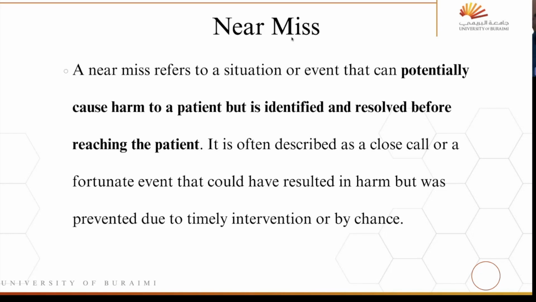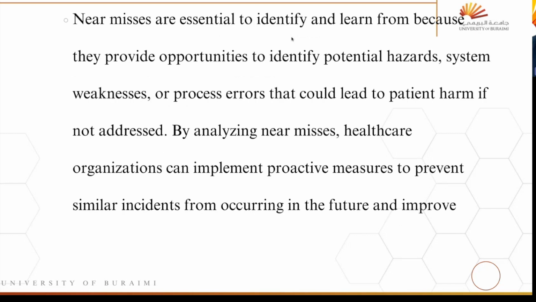A near miss refers to a situation or event that can potentially cause harm to a patient but is identified and resolved before reaching the patient. It is often described as a close call or fortunate event that could have resulted in harm but was prevented due to timely intervention or by chance. The nurse, the doctor, or another healthcare provider may notice at the last moment and change things, or someone else observing them may alert them at the last moment, or a coincidence may prevent the error from happening.